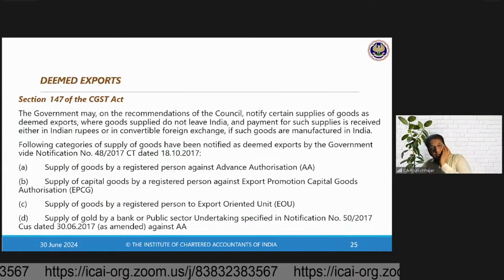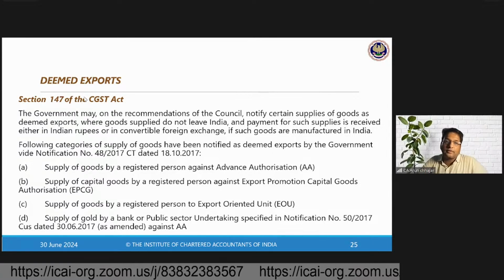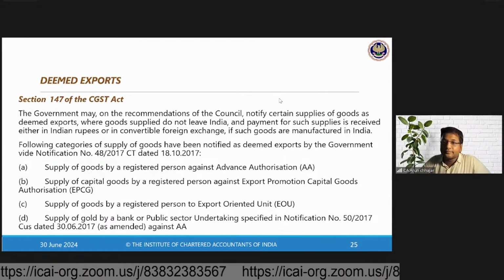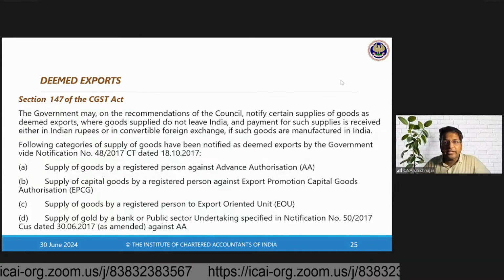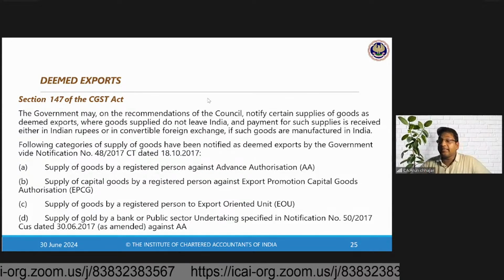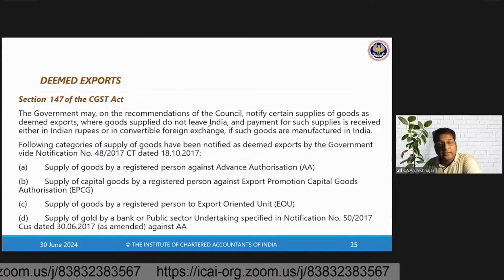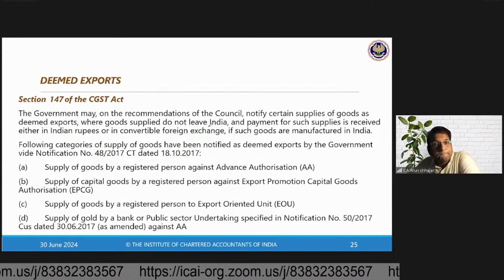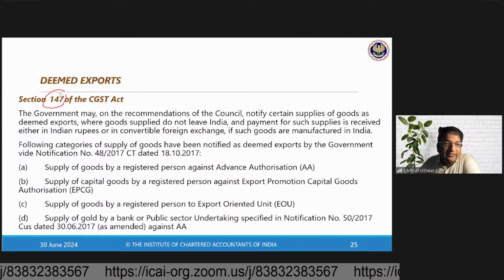Now the deemed export. What is deemed export and what is merchant export? These are the two terms which we need to understand. In case of deemed export, it is not that you are sending the goods out of India. What is deemed export? This section gives that definition.